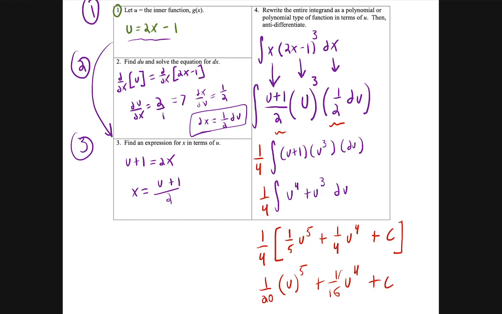Now here's the crazy part. Now we can go back to x. And so check out this insane antiderivative that we were able to find. We were able to find that 1/20 times u, which is 2x minus 1, to the 5th, plus 1/16 u to the 4th plus c.